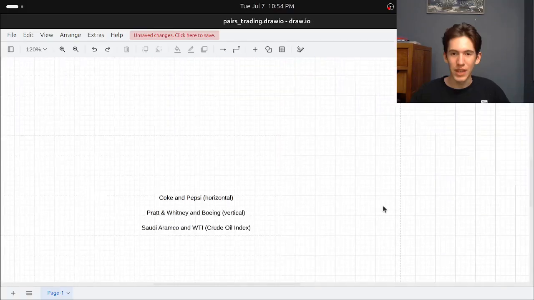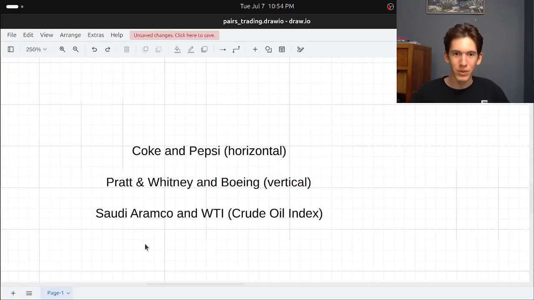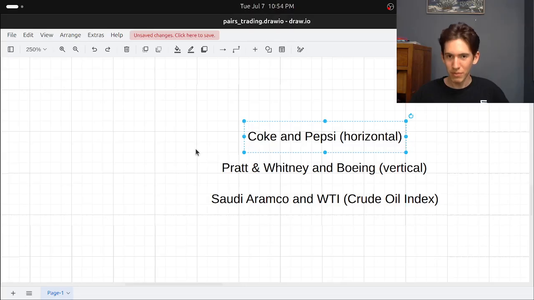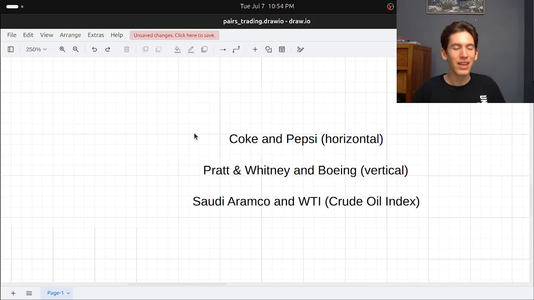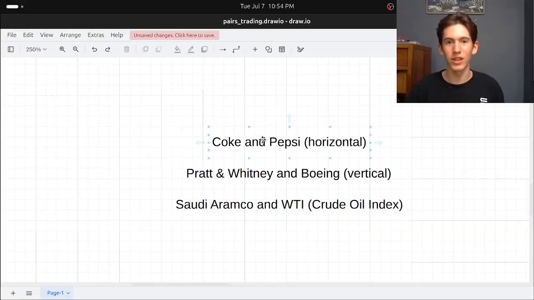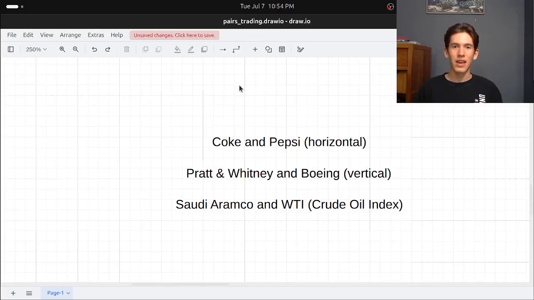So to give you some examples, the classic example when teaching pairs trading is Coke and Pepsi, right? Because essentially they are the same soda. Say what you will about the flavor and things. They're both generic cola sodas, and they're sort of horizontal on their supply chains, right? They both produce pretty much the same product, and the things that affect their businesses are very similar.